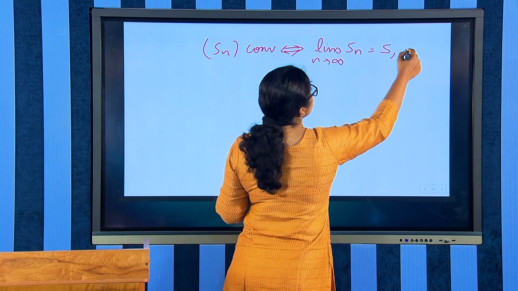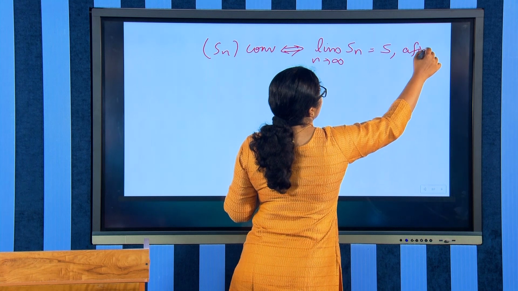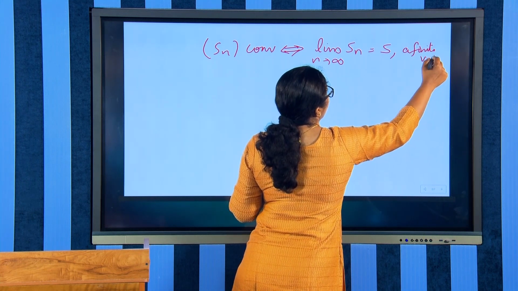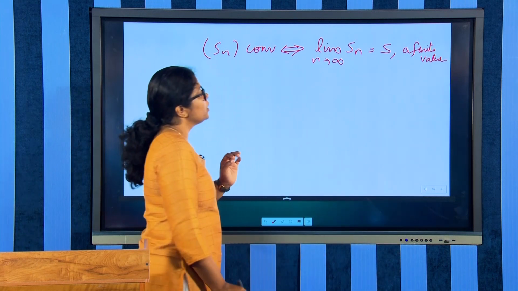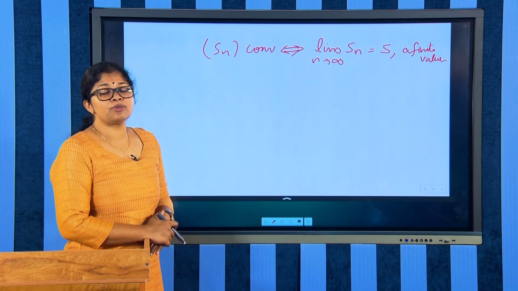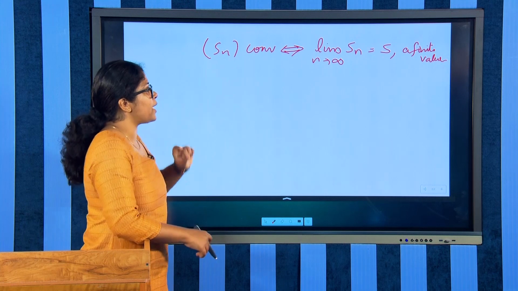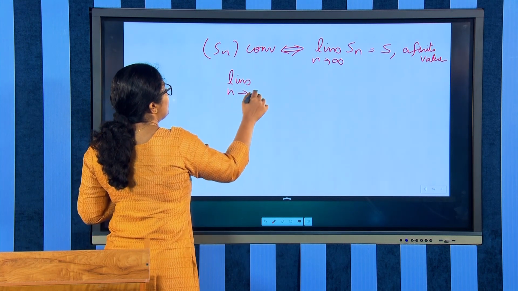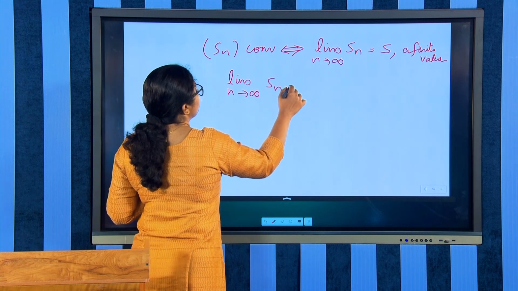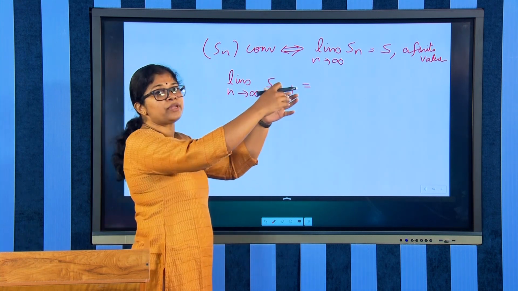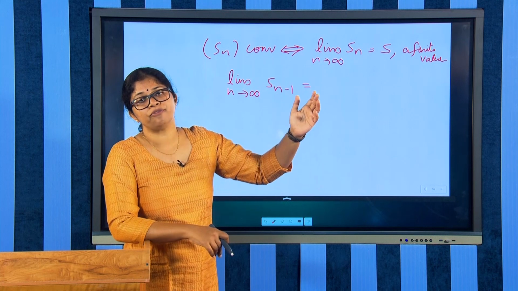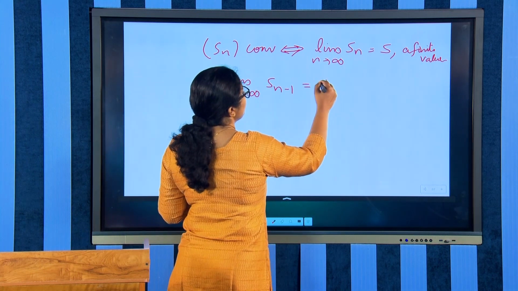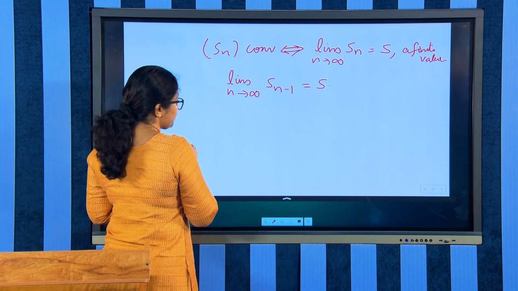S is just a notation for a finite value. So, limit n tends to infinity Sn equal to s means what is limit n tends to infinity of Sn minus 1? When n goes to infinity, n minus 1 also goes to infinity. So, limit n tends to infinity of Sn minus 1 is also equal to s.